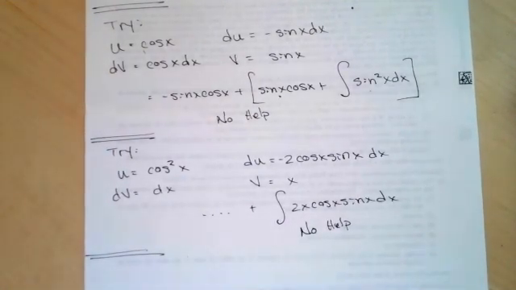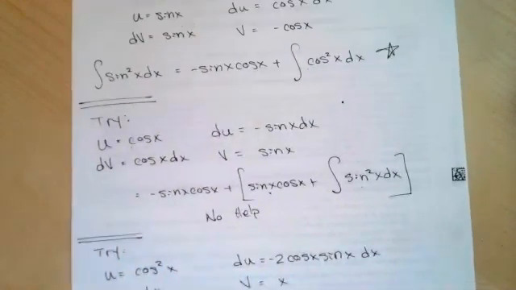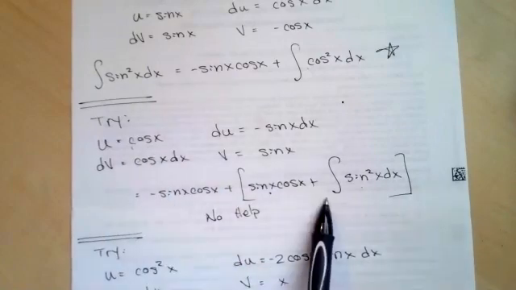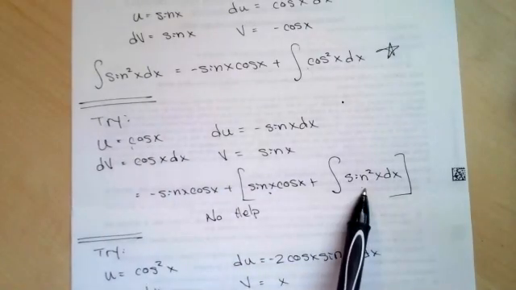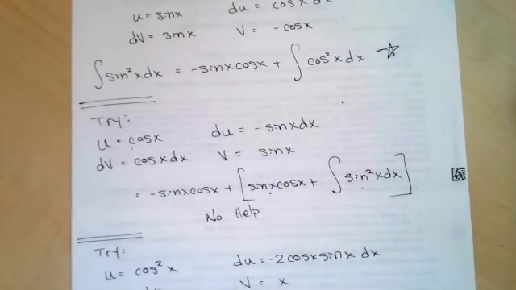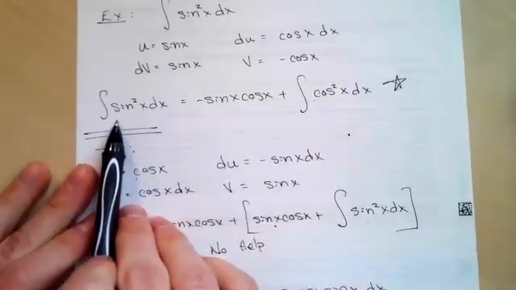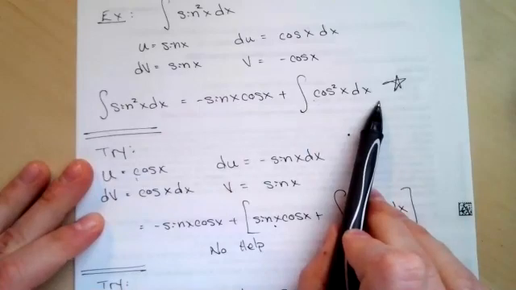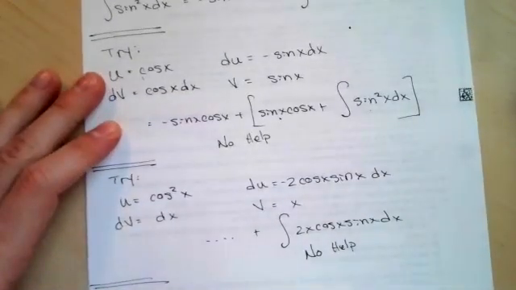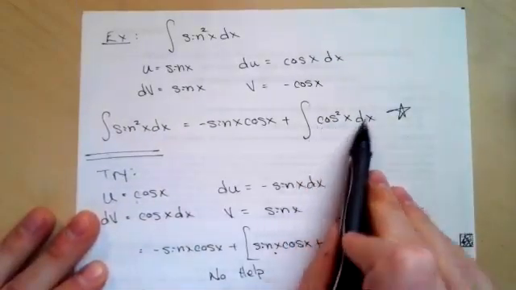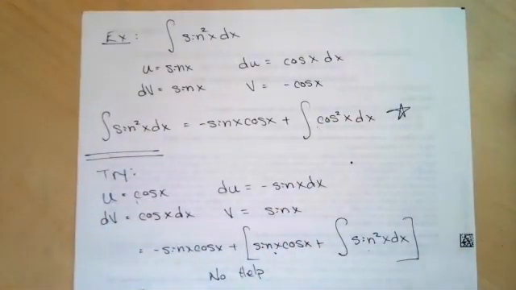So whenever you're in a situation like this, if you try an integration by parts, especially in a situation where we end up just going backwards and get back the thing we started with, look for a substitution. So what we actually want to do at this location, at our star, is I have a cosine squared x, and if we're trying integration by parts, it's not helpful.